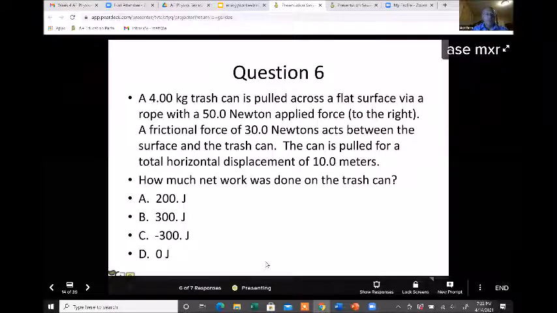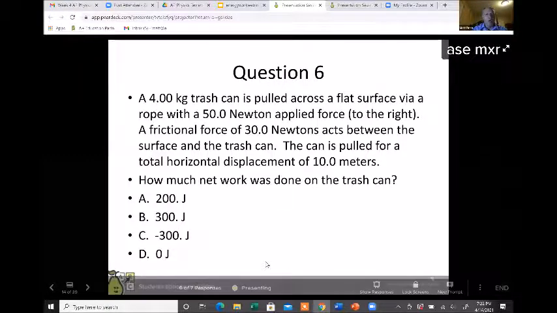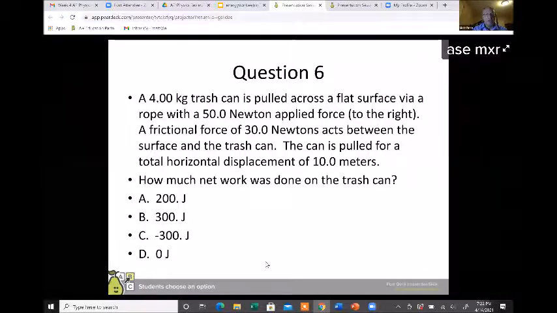So there's 2 ways you could do this one. One way we've pretty much already done. You can calculate the work done by each force and add those up.